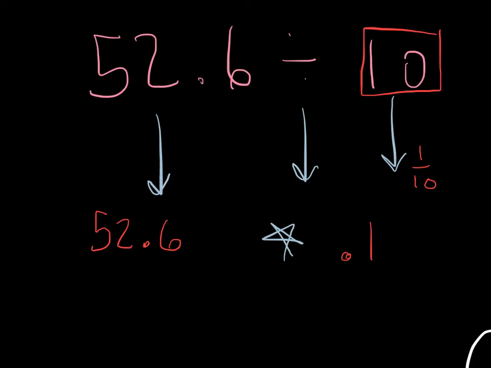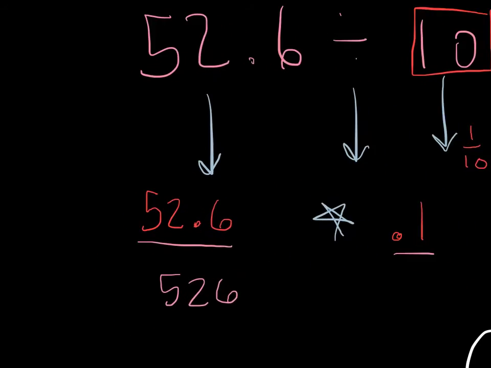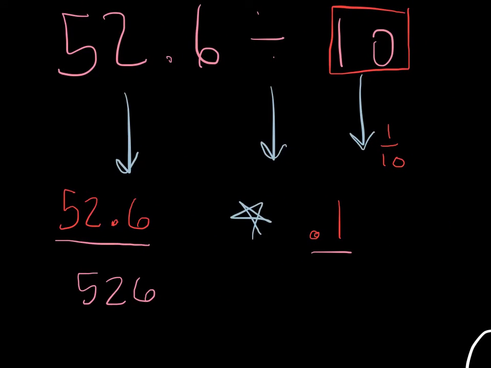So now I'm just going to multiply 526 by 1, because that's how I multiply when I have decimals. So I have 526. Then all I'm going to do is count up the number of digits I have behind the decimal. I have 1, 2 behind the decimal, so I have 1, 2 behind the decimal.